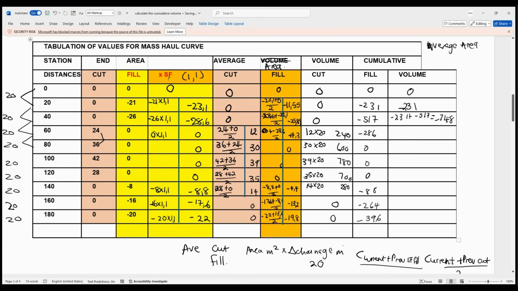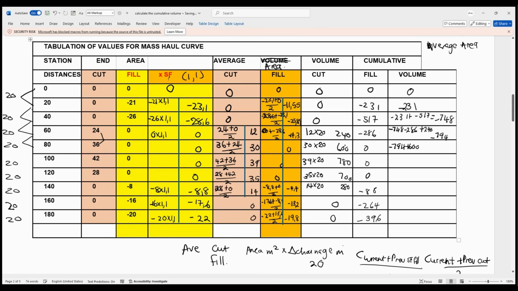You continue with that, negative 748 minus negative 286, plus the cut here, plus 240, you get negative 794. Negative 794 plus 600.